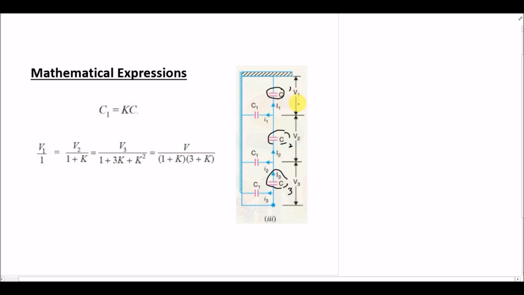The voltages across the discs are V1, V2 and V3. So we want to find these voltages V1, V2 and V3. Now we will be starting from node A. So I will be defining this node as A and this node will be B. So if I have to find V1, I will start by applying KCL at node A.